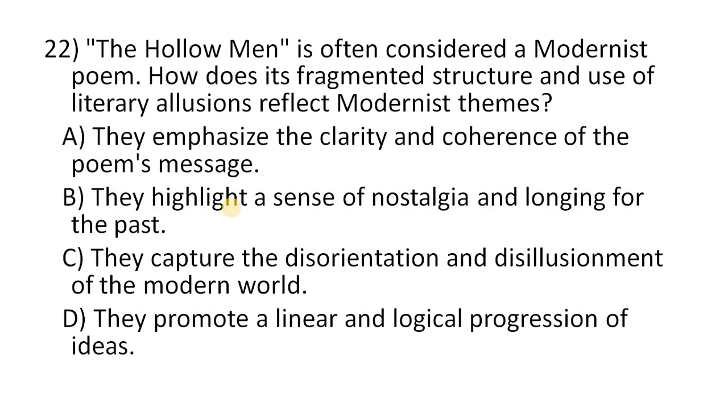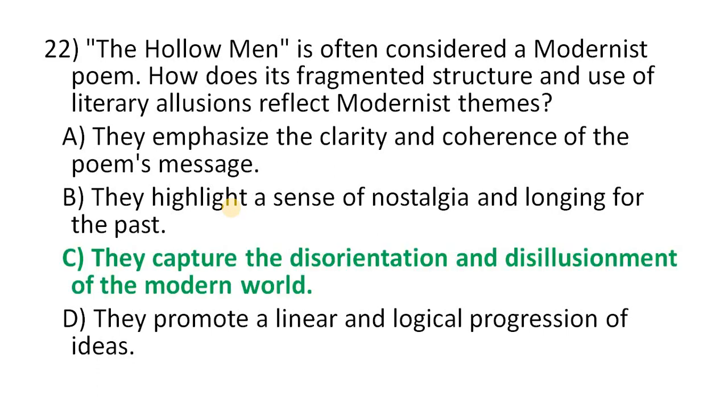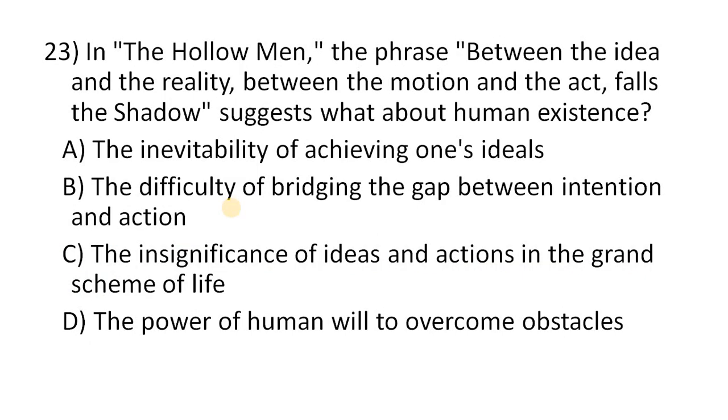And here is the main theme of the modernist poem like T.S. Eliot, and the correct answer is option number C. They capture the disorientation and disillusionment of the modern world. 23. In The Hollow Man, the phrase "between the idea and the reality, between the motion and the act, falls the shadow" suggests what about human existence?